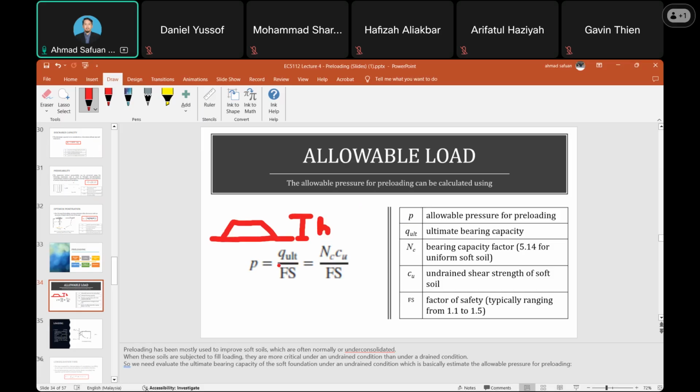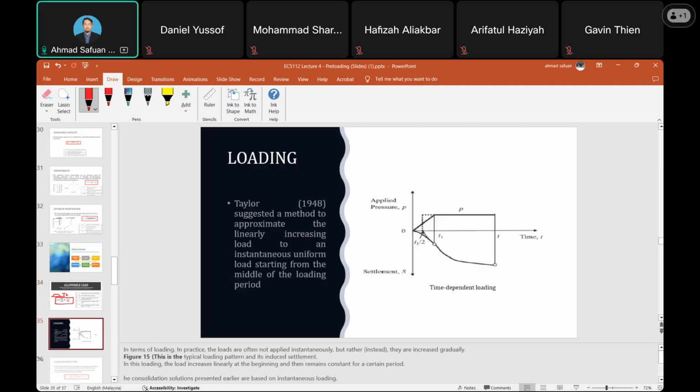So the first task, we need to identify what is the capacity before we proceed to the next calculation. So for the preloading, this is how we estimate the time from the preloading process.